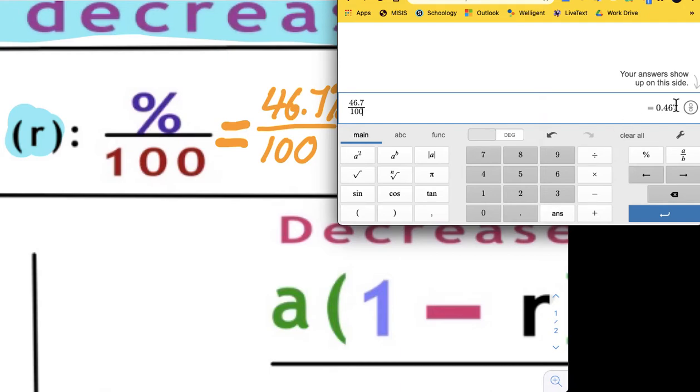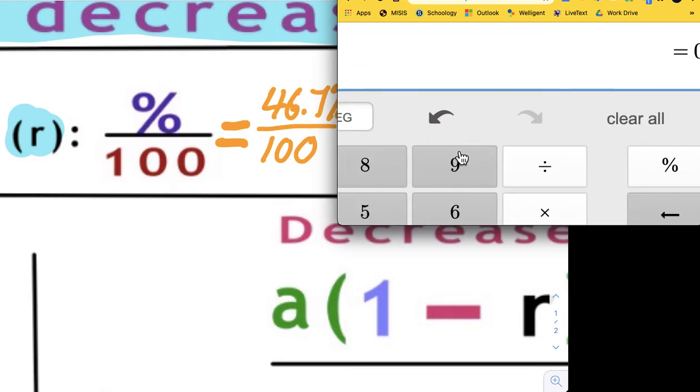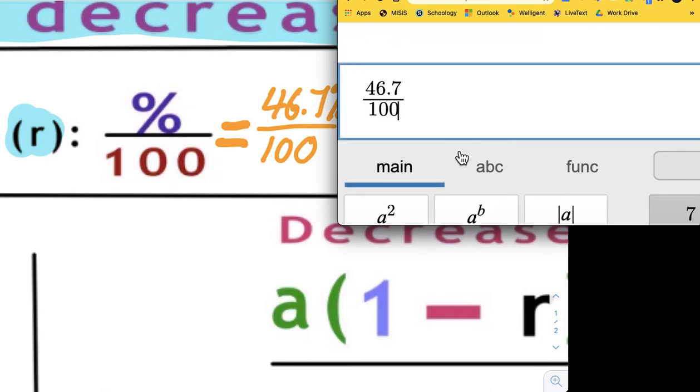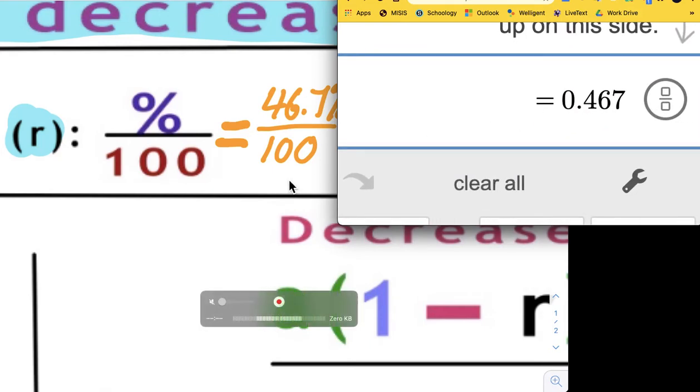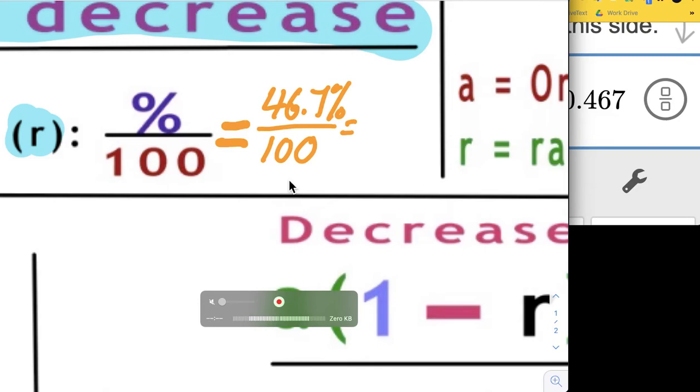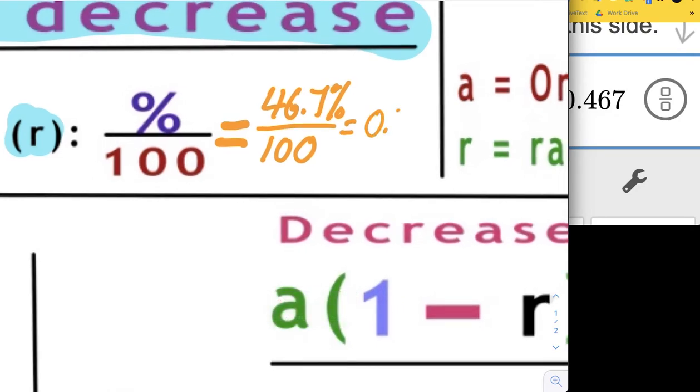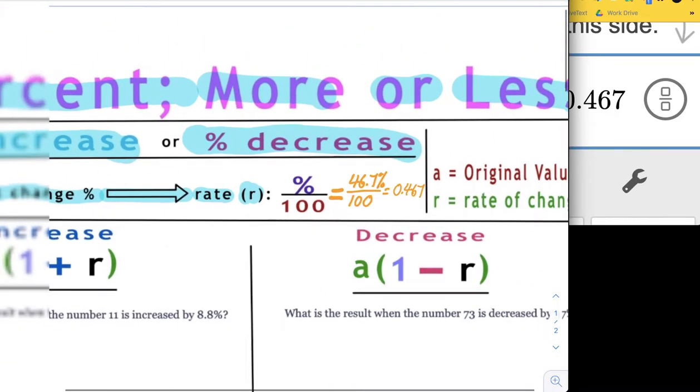And automatically, look, without even having to hit enter, we get the solution. 46.7 divided by 100 is 0.467. So I go here and I'm going to write 0.467. And that is our rate for this particular example. Okay?